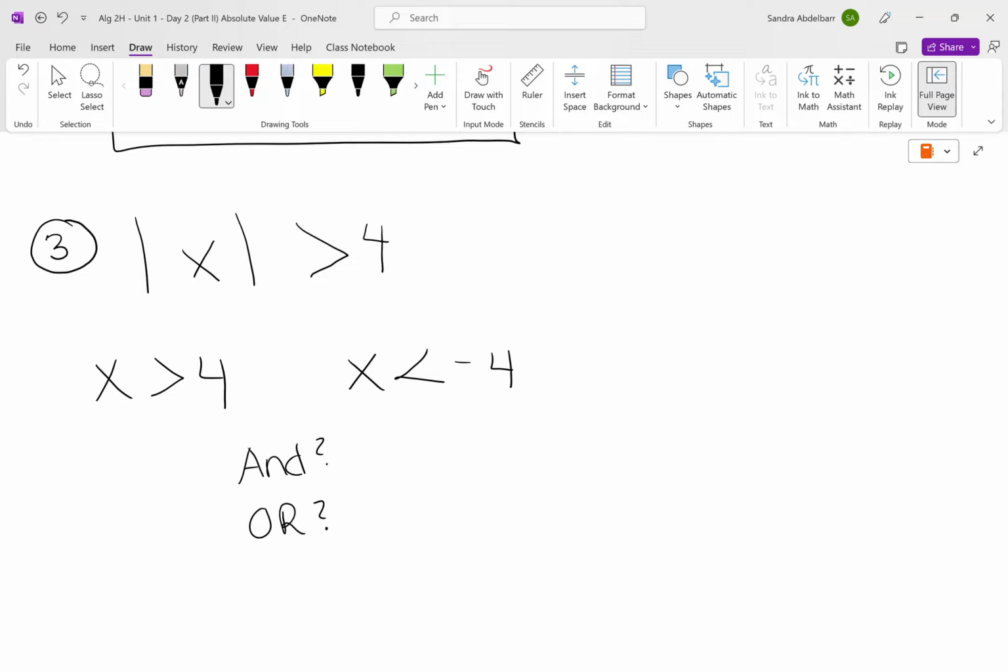Every number greater than 4, if we plug into it, it will work out, right? Now let's think about x is less than -4. Think of every number under the sun that's less than -4. Is there any number that if you plug into this, it will not work out? I think they all work out, right? So as long as it's in this one or it's in this one, will it work out? Yes. So is it an and or an or? It's an or.